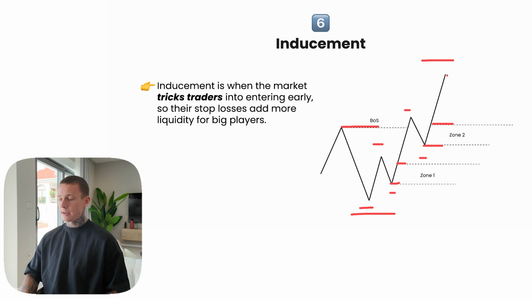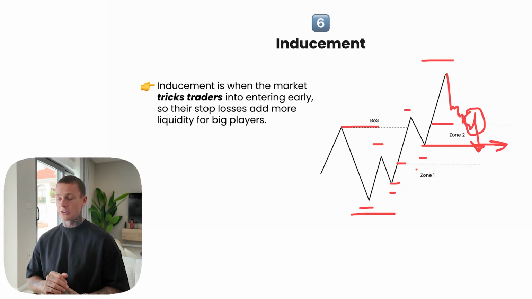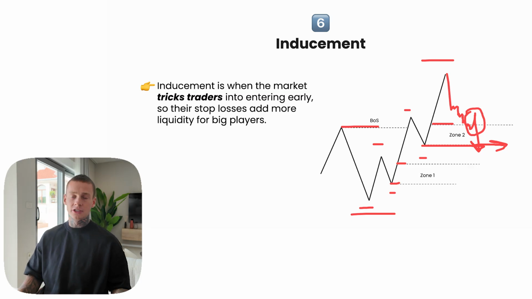So what we could actually expect, if price is going to come down into this zone, which is zone 2, reacts, maybe gives a bullish break or a 5-minute candle with a big wick to the downside, anything that's trapping buyers into the market, we could take a sell through that liquidity to simply take out this zone and induce that low. So that's going to be the first point of confusion, and price more or less would be looking to do the same thing at each of these lower zones as well. So that's how we're playing into inducements and using it to our advantage.